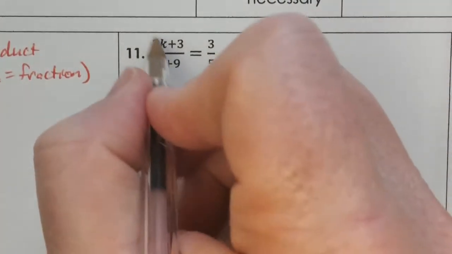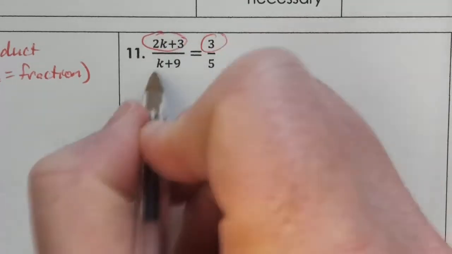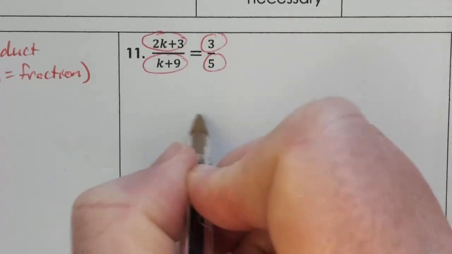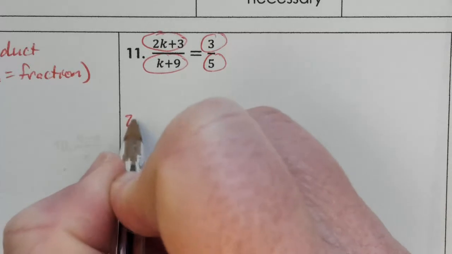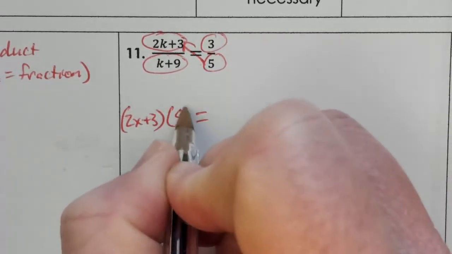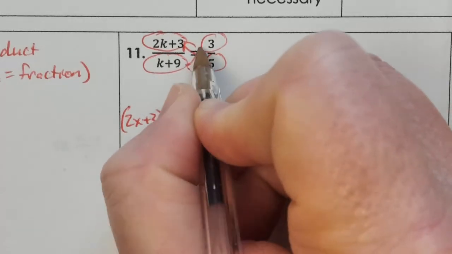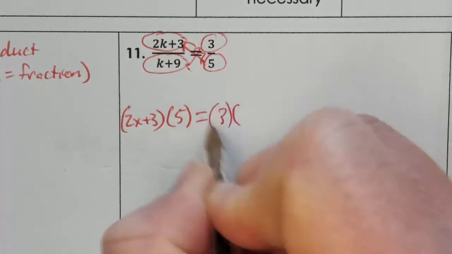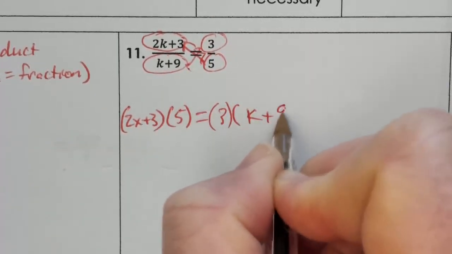Okay, number 11. So on number 11, same idea. Have a fraction equals a fraction. So this entire, all these are chunks, right? So the equal sign stays where it is. So we have this 2x plus 3 is going to be multiplying by that 5. This 3 is going to be multiplied by that k plus 9.